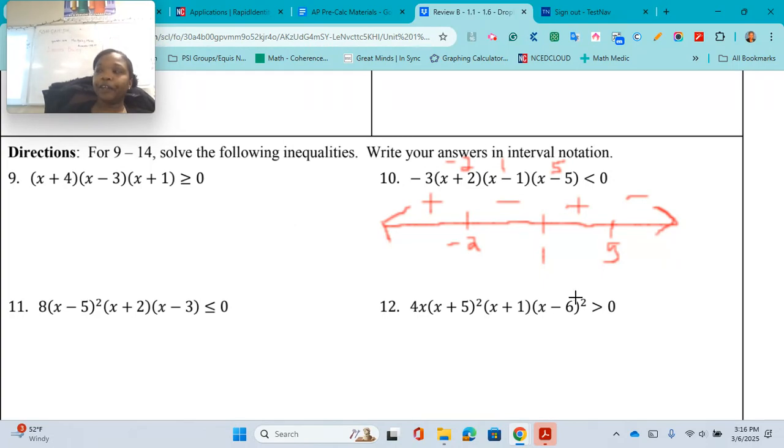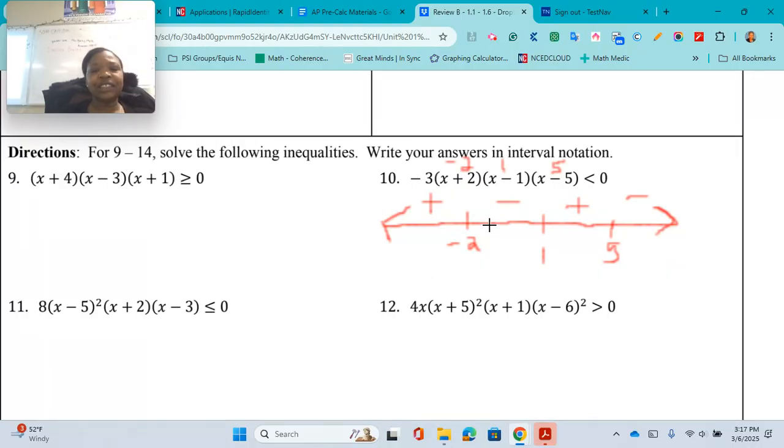All right. Let's make it faster. Then all we're looking for is the polynomial that is what? Less than 0. Are we including zeros? No. So we should not have a bracket. I said we're talking about less than 0, and we are not including zeros, so we should not have a bracket.